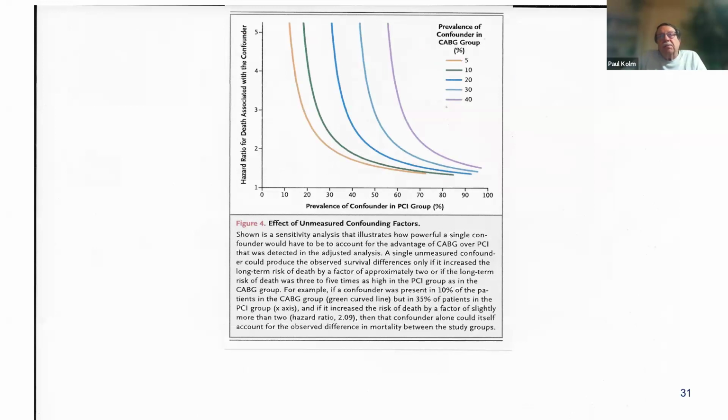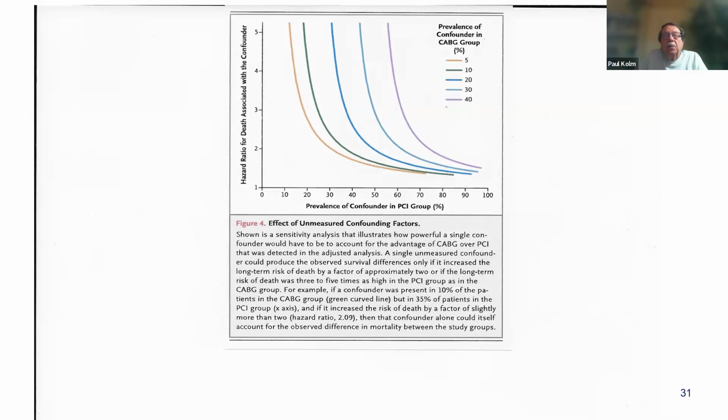And so this is obviously going to be a simulation. What we're looking at here is how powerful a single covariate that's confounding the results would have to be to account for the advantage of CABG over PCI.